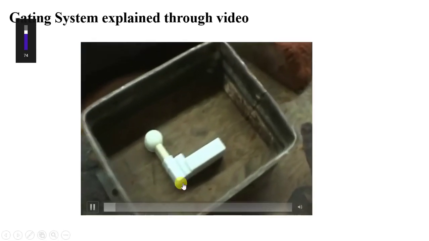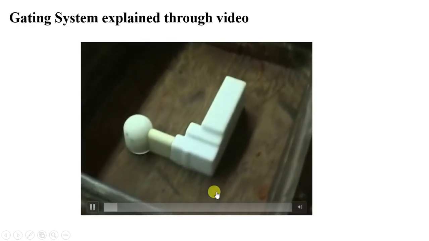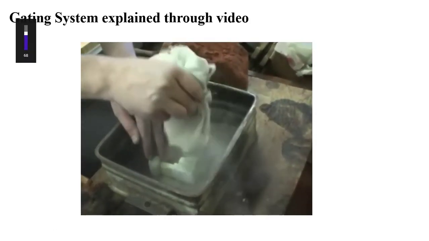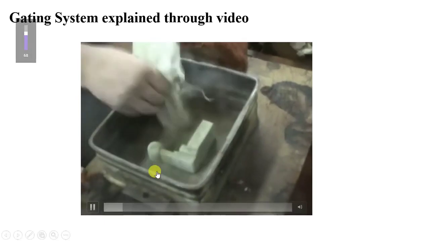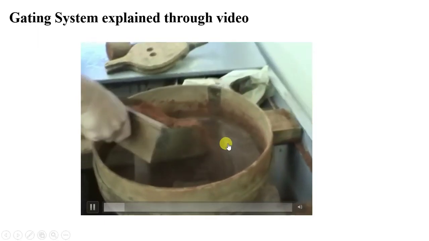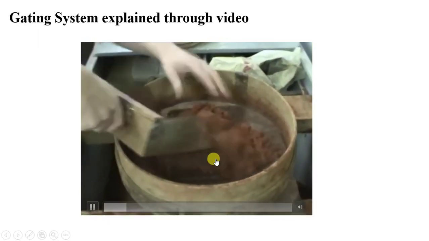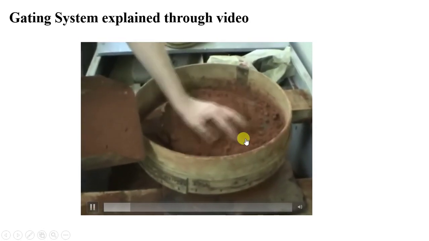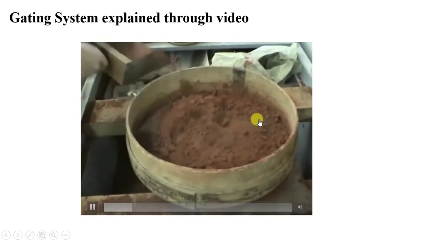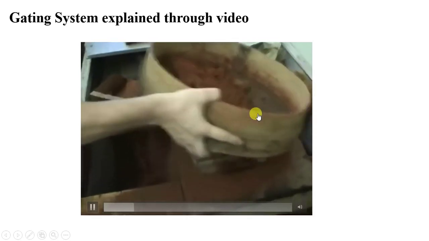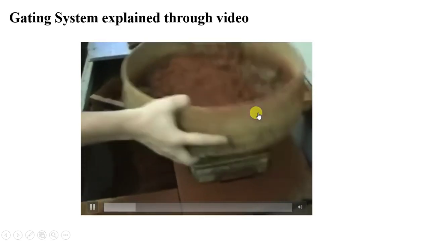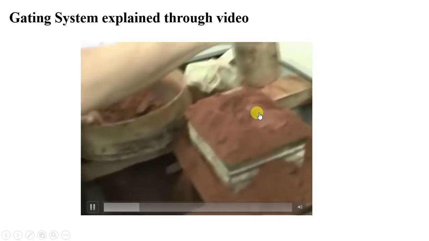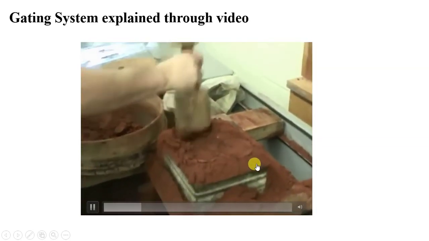This is a pattern. This is the sand. Now this will be the half section of your sand mold that can be called a drag. This is the ramming process.